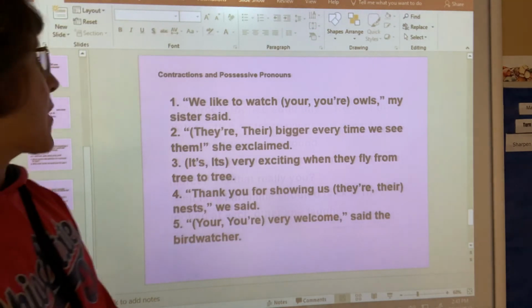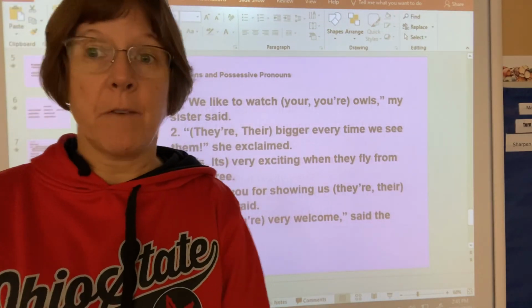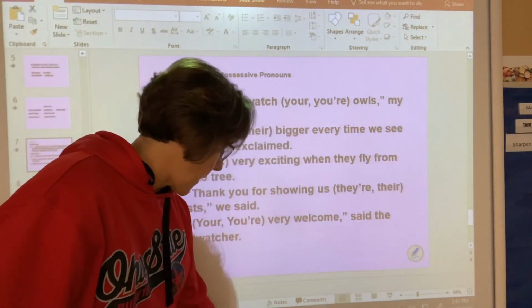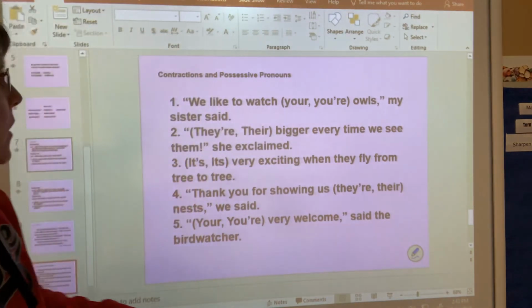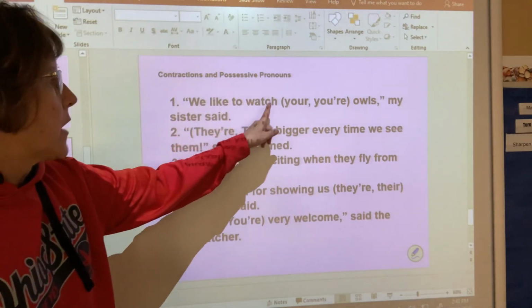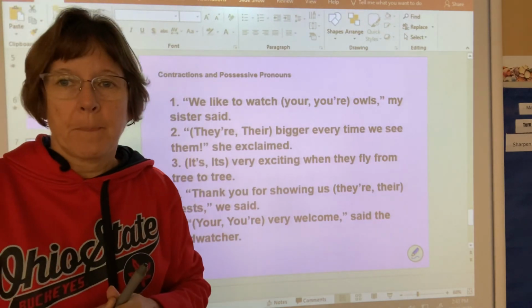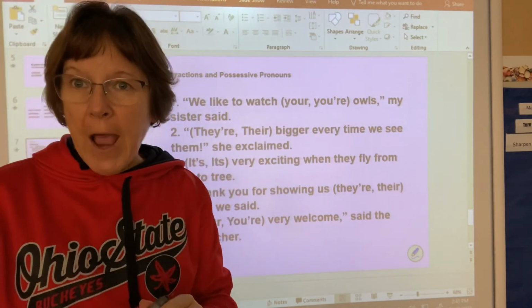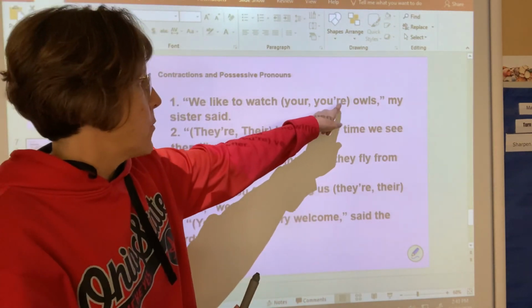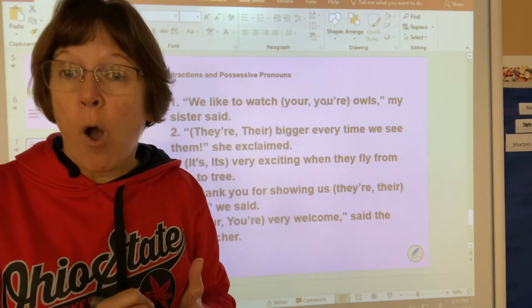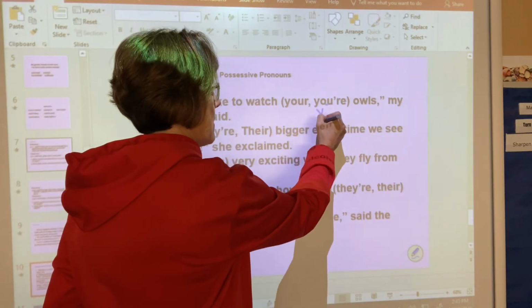All right, contractions and possessive pronouns. Let's see if we can pick which word would be the correct one. "We like to watch your owls," my sister said. Now remember, the contraction, this one, is really as if you were saying you are. So I'm going to write that in here.